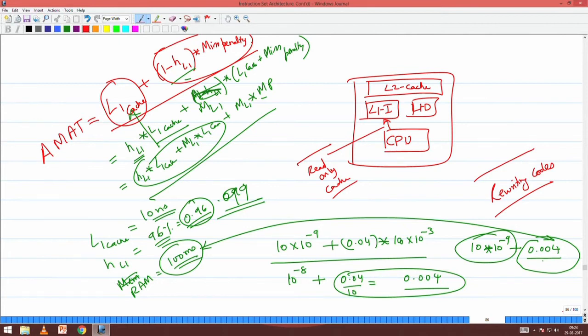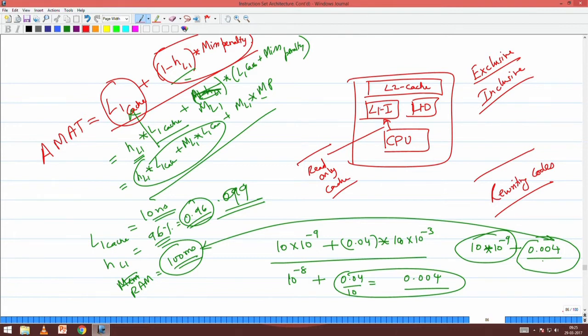Now let us look at two types of cache based on this L1 and L2, or multi-level cache: exclusive cache and inclusive cache. What is an exclusive cache?